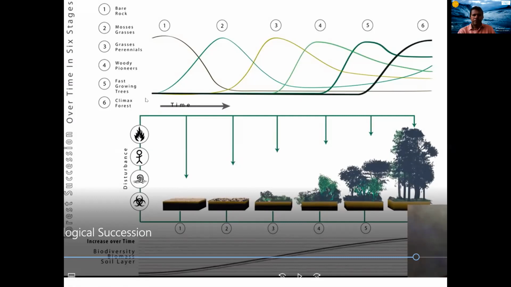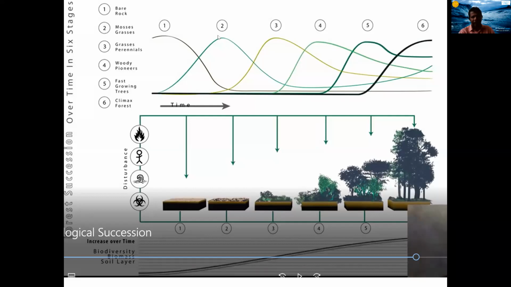Right. You see, they start with the bare rock. This is the bare rock, so it is the dominant one at the beginning, right? Over time, the bare rock will almost disappear. And number two is the mosses here.